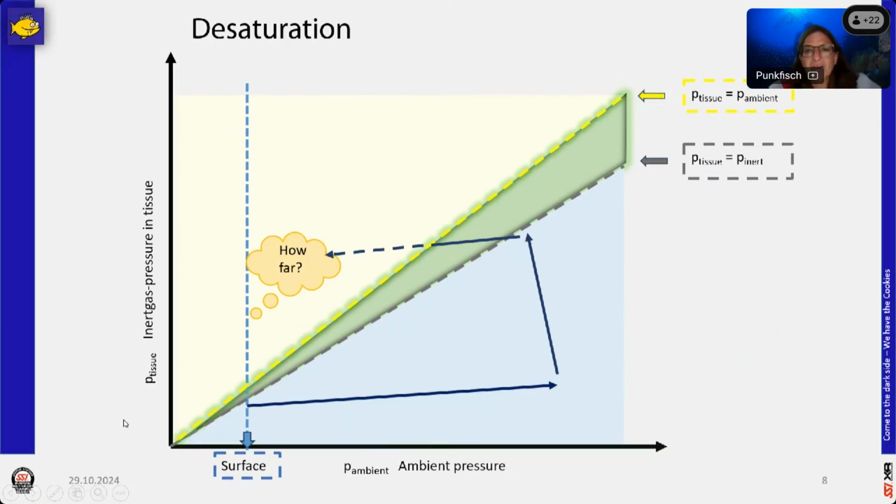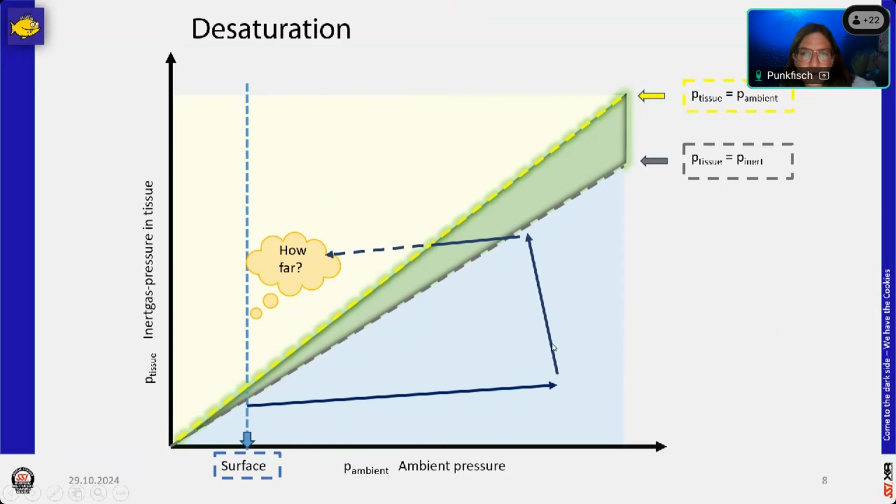When we have a look at this and we imagine a dive, so we imagine someone dropping down, getting to a higher ambient pressure, to any depth that we choose, and now we stay there for a while, and we start to saturate.